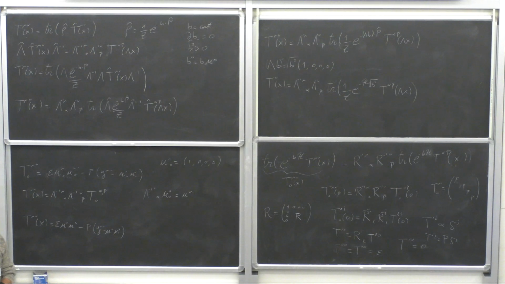If you have any questions. Another point to be stressed is that with this operator, e to the minus b dot p, T^{μν} does not depend on x at all. Yes, that's true, it is invariant by translation.